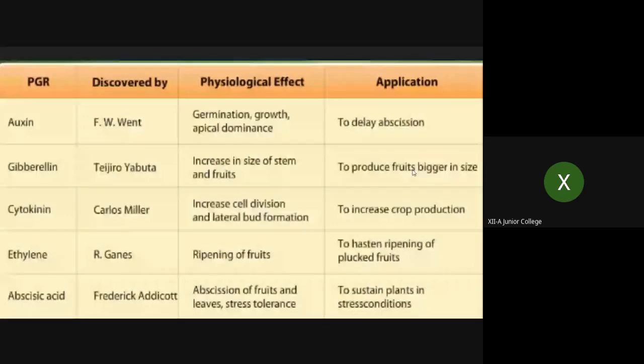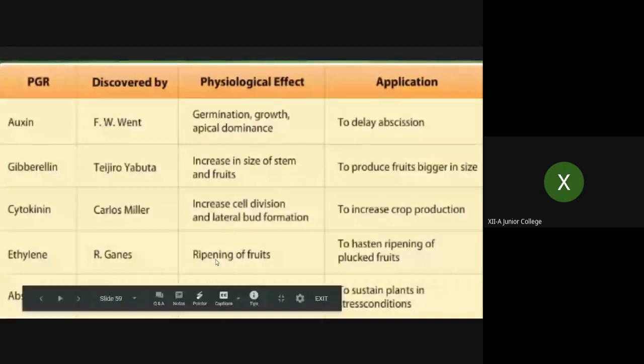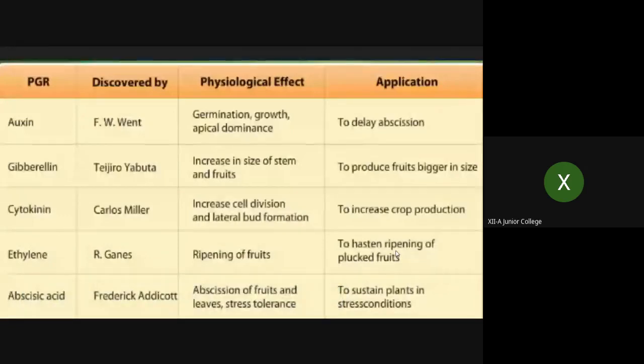Then cytokinin: cell division, increase in crop production. Ethylene: ripening of the fruits, hastening ripening of the plucked fruits very easily. And abscisic acid is in senescence, especially stress tolerance. So in the stress condition it is very, very important.